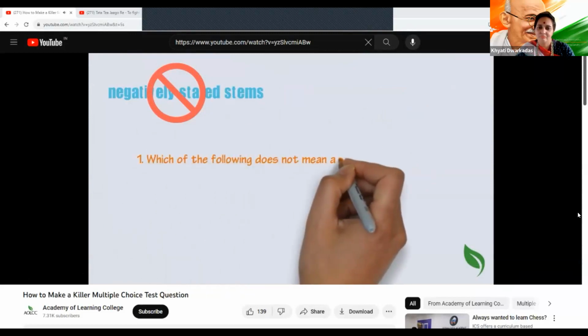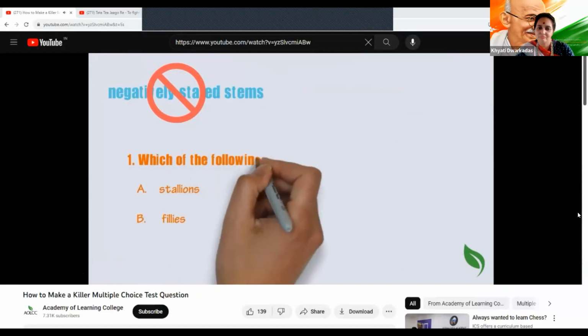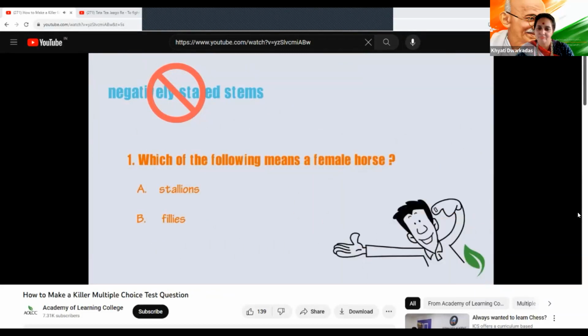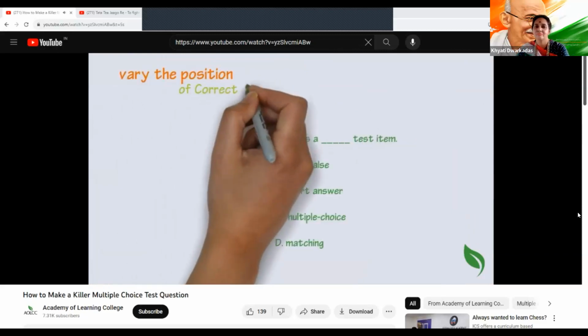Number 3. Whenever possible, avoid writing negatively stated stems. For example, which of the following does not mean a male horse can be rephrased as which of the following means a female horse, and will generally result in test responses that better reflect what has been learned. Number 4. If you have many multiple choice questions in your test, vary the position of the correct answer.